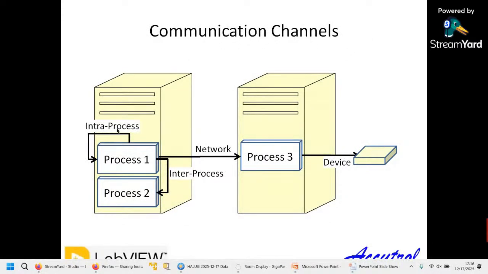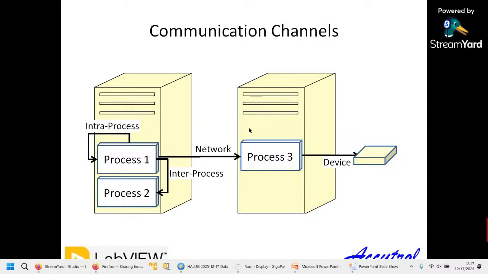I've listed 4 different communication channels. One is a process communicating with itself, typically used for communicating between threads in a single application.